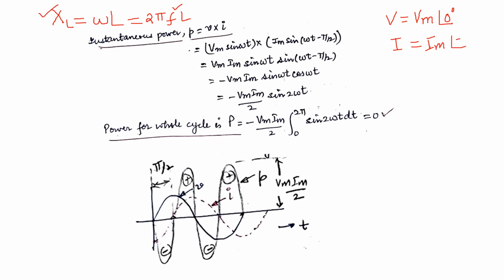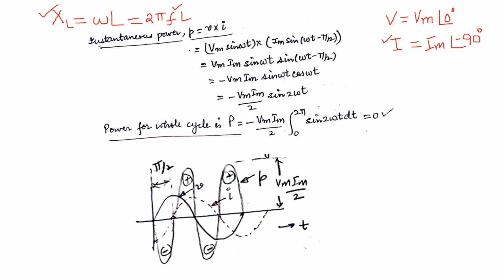So we'll write here minus 90 degrees. This minus sign also indicates that this current is lagging behind the voltage by 90 degrees.